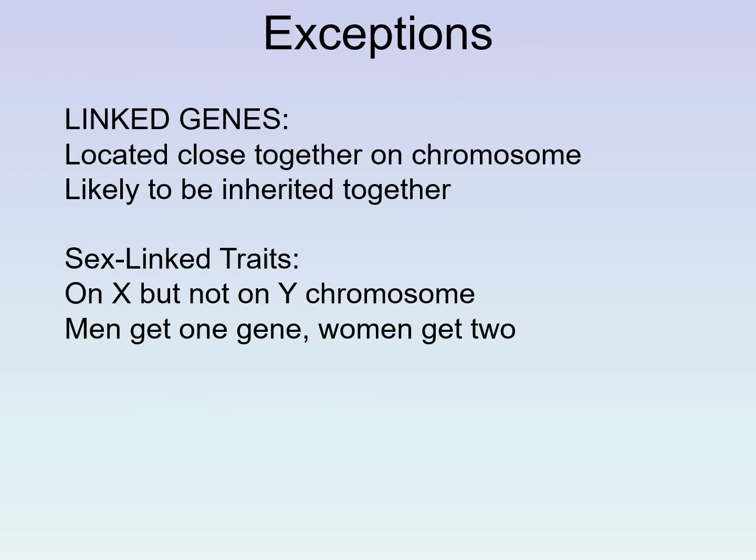Okay, some genes are located near each other on the same chromosome, a situation called gene linkage. Linkage is actually a big exception to Mendel's law of independent assortment, since the genes can be inherited together because they are on the same chromosome.